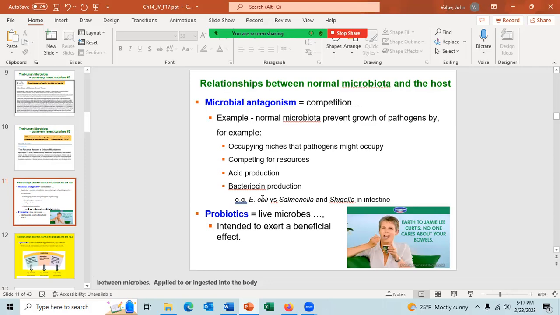So this bacteriocin would inhibit human pathogens, Salmonella and Shigella, but many of the normal microbes in the gut would not be affected by that bacteriocin secreted by E. coli. And there are other bacteriocins secreted by other normal microbiota. Like I think there's a streptococcus in your mouth that secretes a bacteriocin.